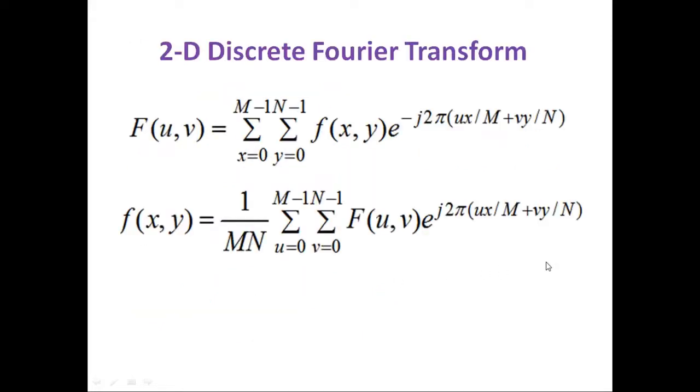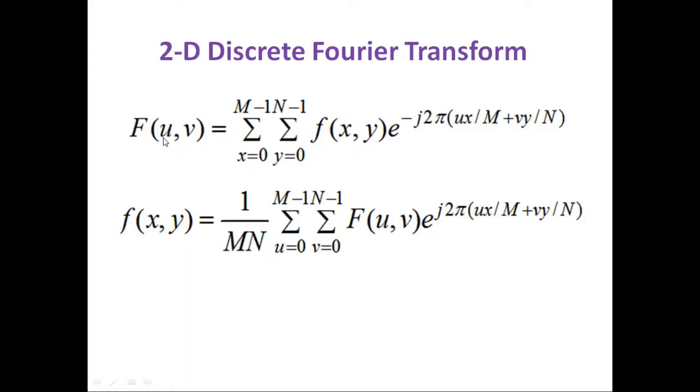The same concept can be extended for the 2D discrete Fourier transform also. Here, instead of a single summation, we have two summations, x equal to 0 to N minus 1, y equal to 0 to N minus 1, of f(x,y). It is a two-dimensional signal or an image. It is multiplied by the forward kernel in the x direction and the forward kernel in the y direction: e power minus j 2 pi ux by M into e power minus j 2 pi vy by N. F(u,v) is the DFT domain coefficients.